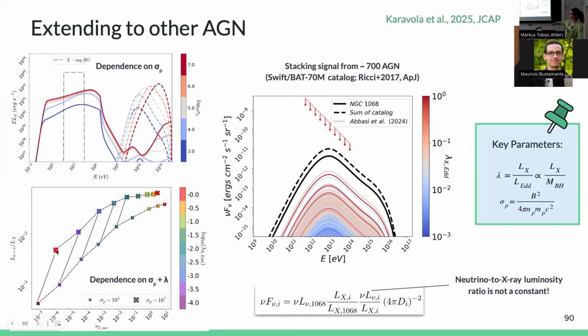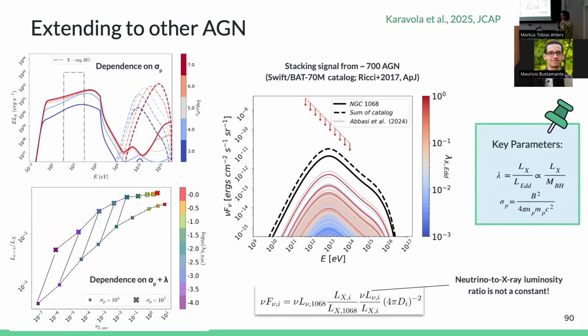These points here are obtained for a higher sigma p compared to those, but it also depends on the ratio of the X-ray luminosity of the corona and the black hole mass, the so-called Eddington ratio. It is the X-ray luminosity divided by the Eddington luminosity.